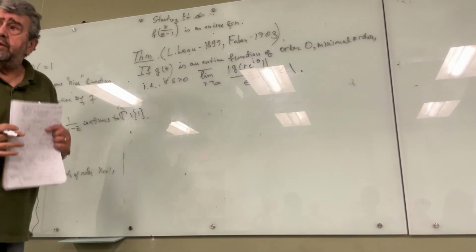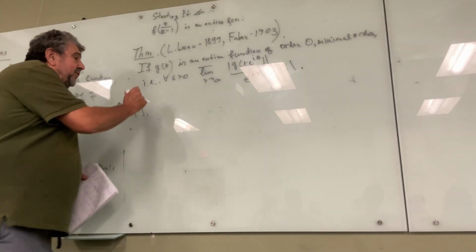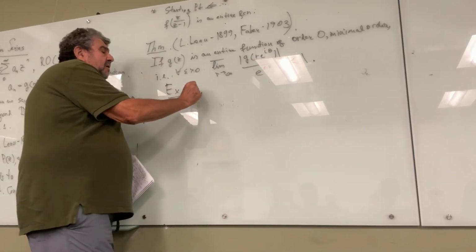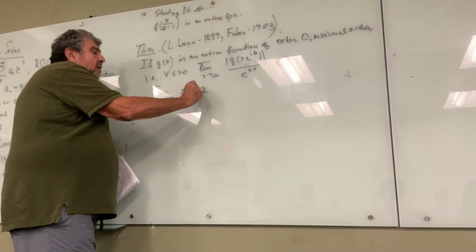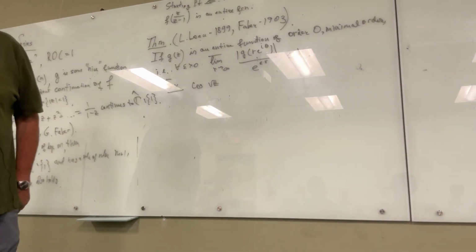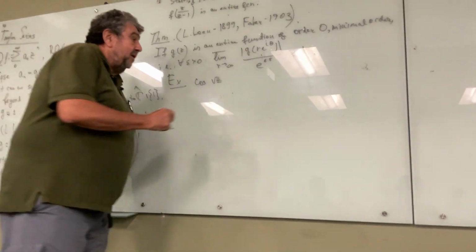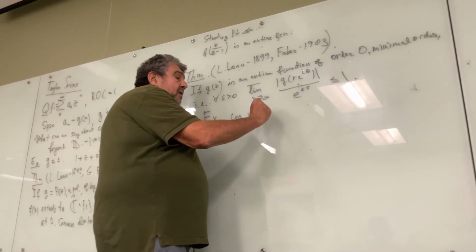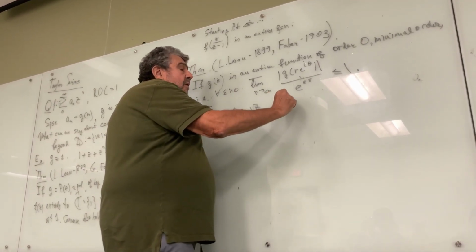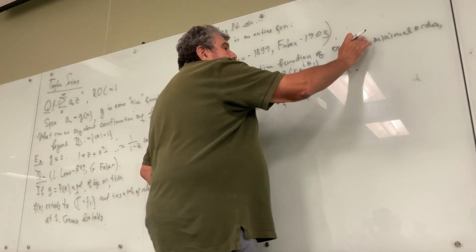That it's less or equal than 1, it doesn't matter. It's finite. So if you've never seen it, this is an entire function, obviously, because cosine has only even degrees, and it's of order less than 1.